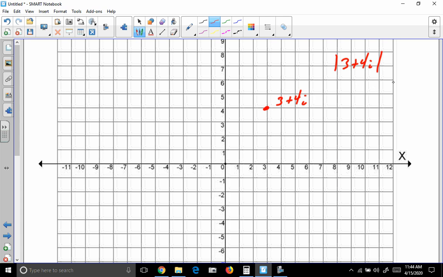What absolute value really means is the distance that that particular number is from the origin. If we take the absolute value of the number 5, we get 5 because that number is 5 units from 0. If we take the absolute value of -3, we get 3 because that number is 3 units from 0.